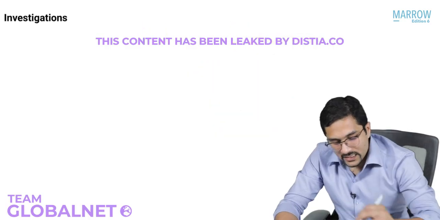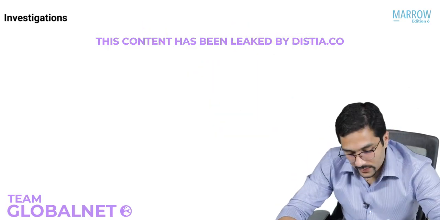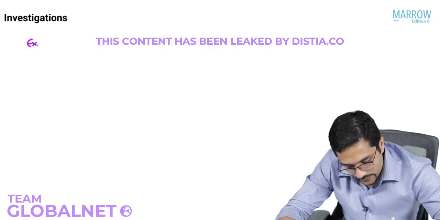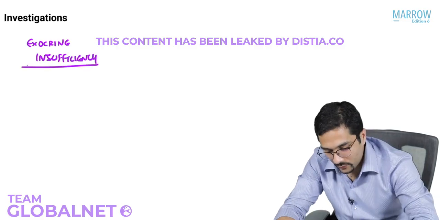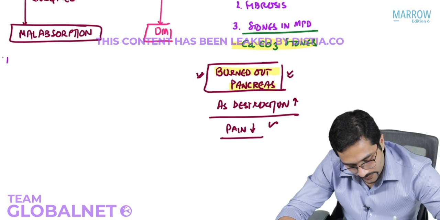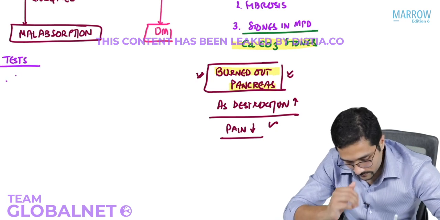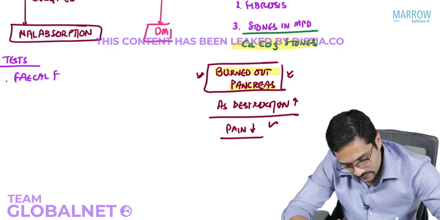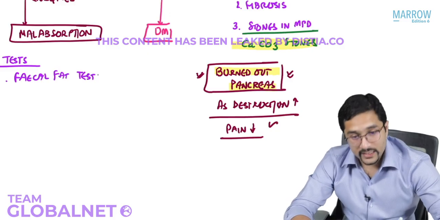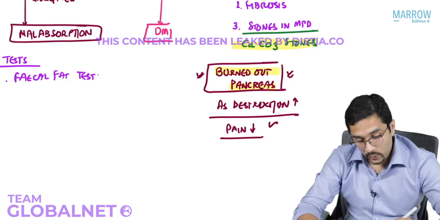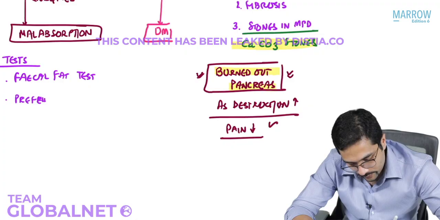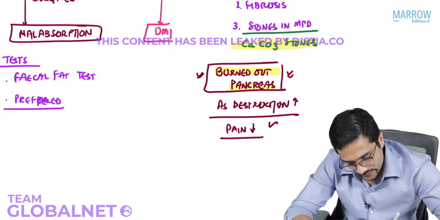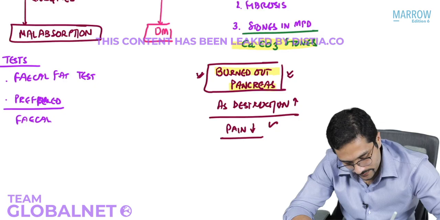Now, what are the investigations which can be done in patients with chronic pancreatitis? If we look at exocrine insufficiency, the test for malabsorption would be the fecal fat test, and we know that increased fecal fat content denotes malabsorption. But the preferred test is the fecal elastase 1 test.